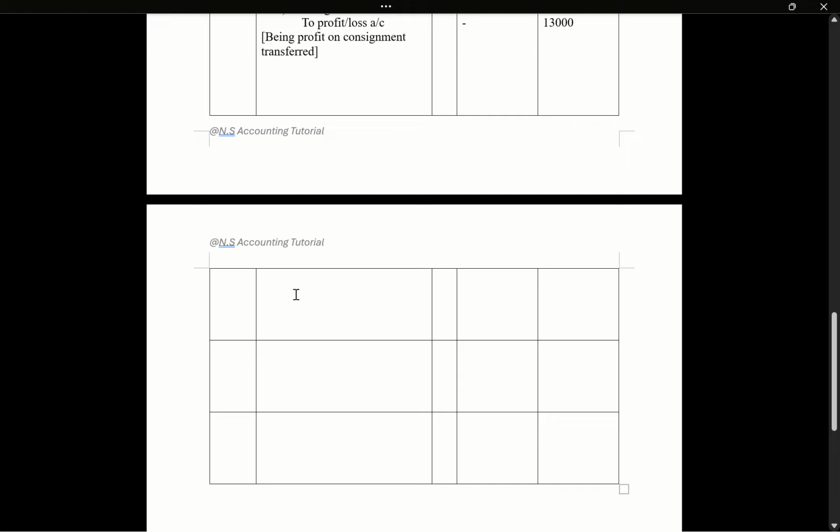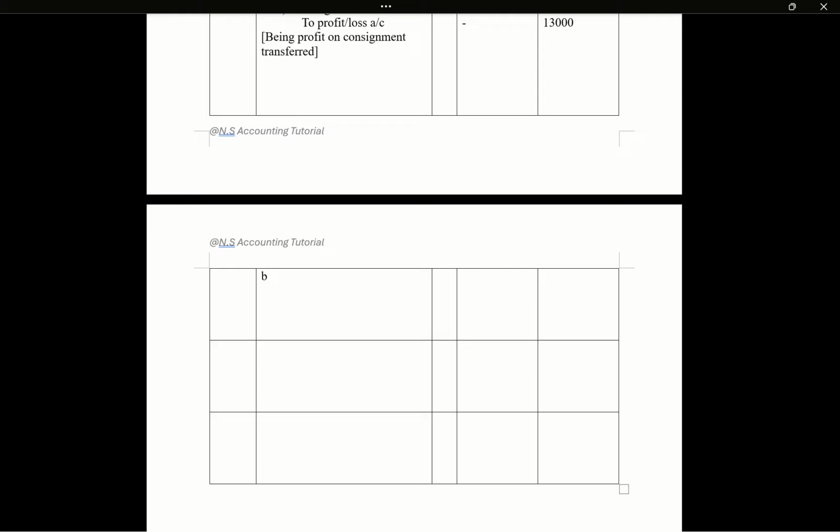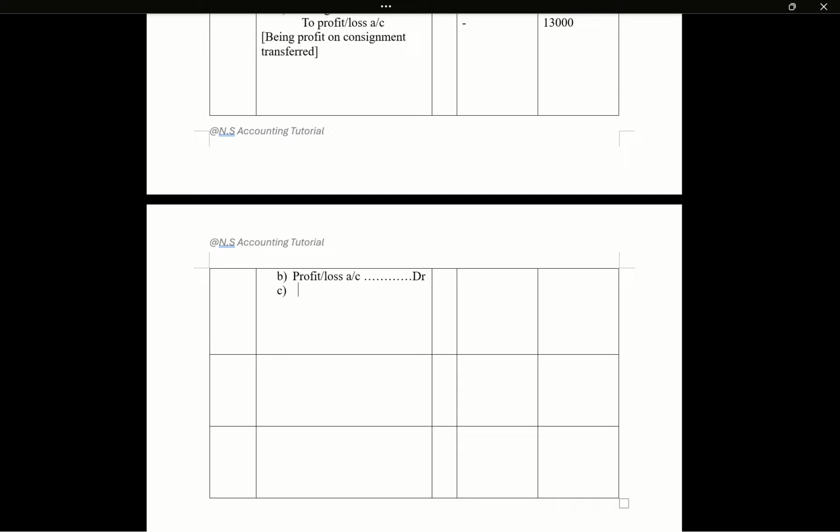Okay, if the consignment account was in loss, the above entry should be reversed. The entry will be profit or loss account debit to consignment account.